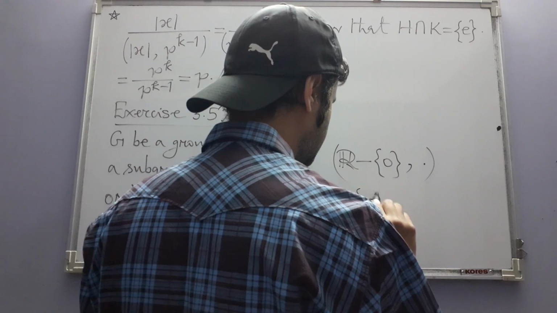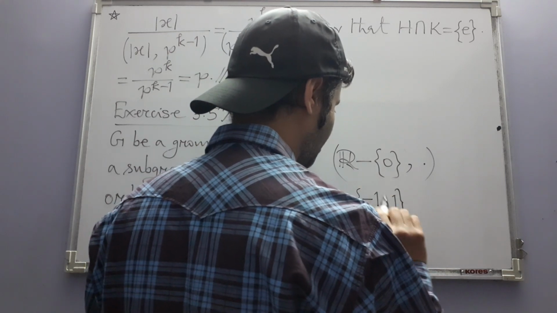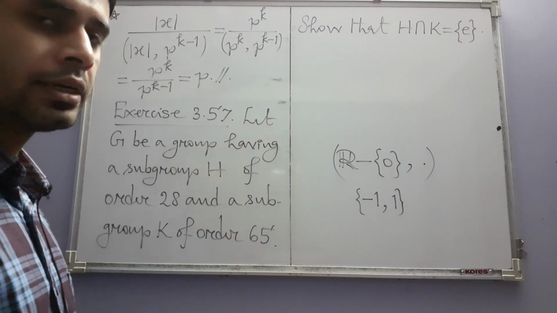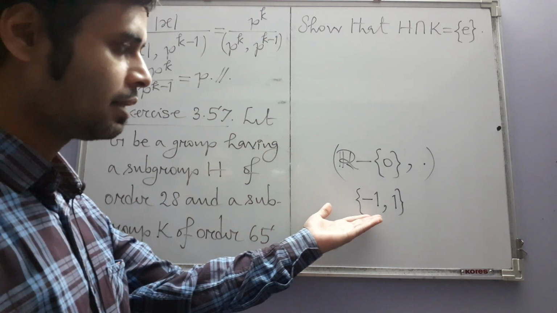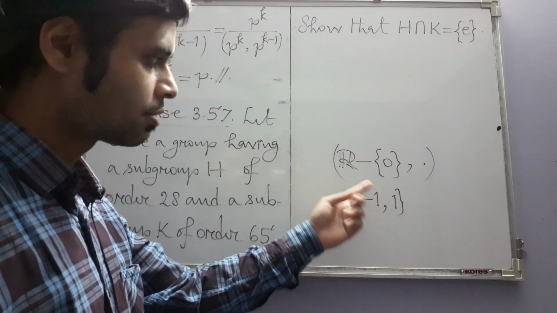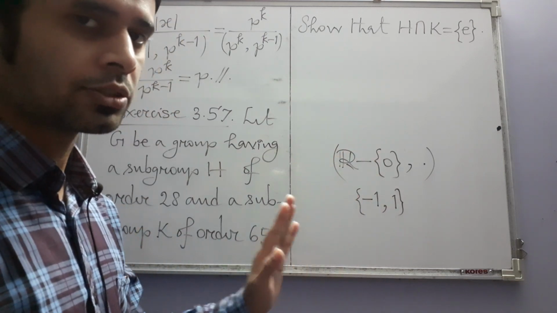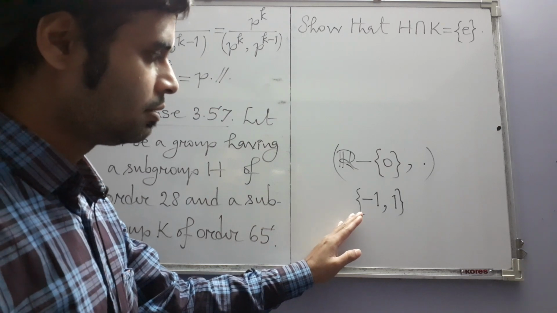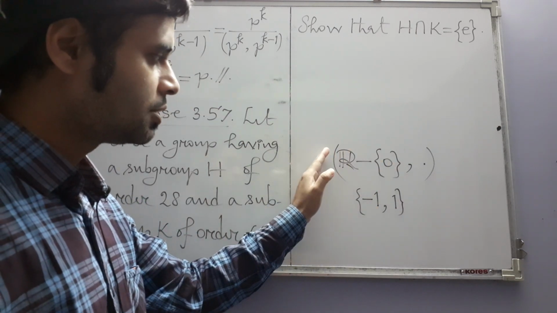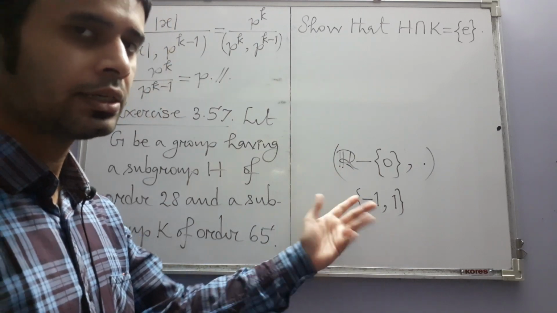But in this group, you consider this subset consisting of -1 and 1 because it's a finite subset, and you can in fact almost instantly see that this subset is closed under multiplication of real numbers. So by one of the subgroup tests, this is a subgroup, the original group is infinite but the subgroup is finite. It can happen.